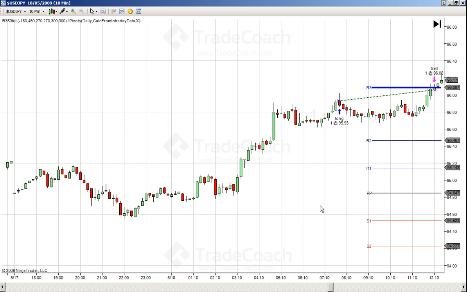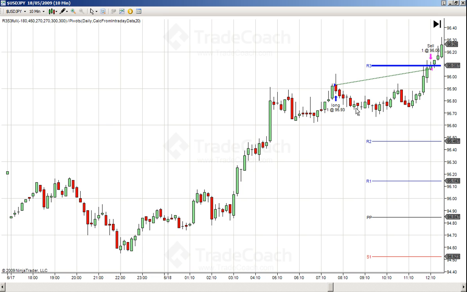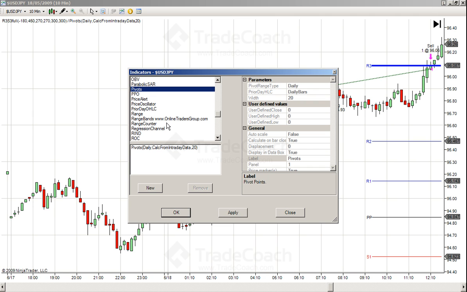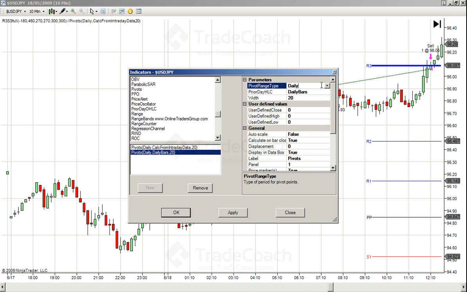There's a long to R3, and you can really see that effect of it, pulling it right up in. Okay, well that's that. With your pivots, R3, R2, R1, it needs to be set on intraday data. So I'm just going to go down and grab a pivot and discuss this with you so you're really clear on it. So here's my pivot, and I've got it on daily data. That's nice.